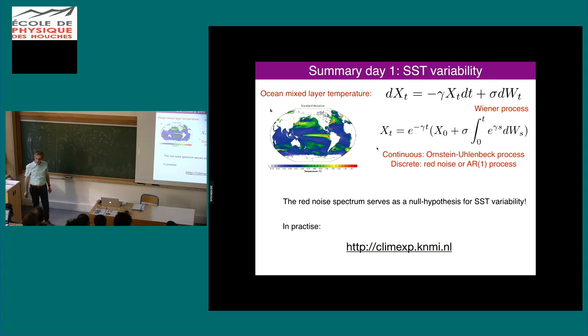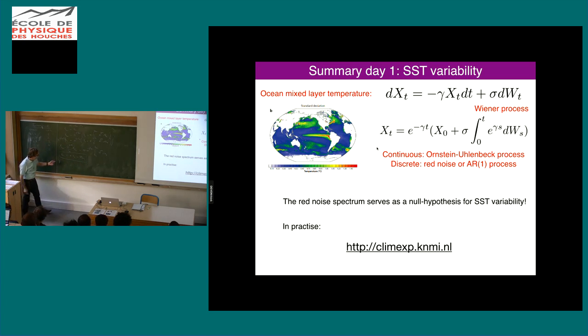So this is the discrete process. You label this x_{n+1}, and on the right-hand side you get alpha x_n plus some stochastic term, where the coefficient alpha is between 0 and 1, because delta t is finite. And this is the red noise discrete process.